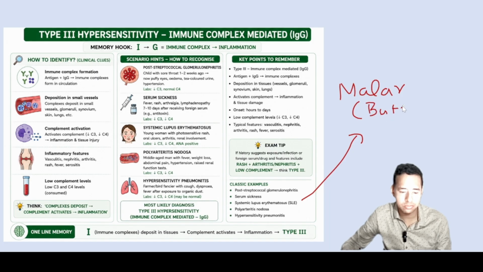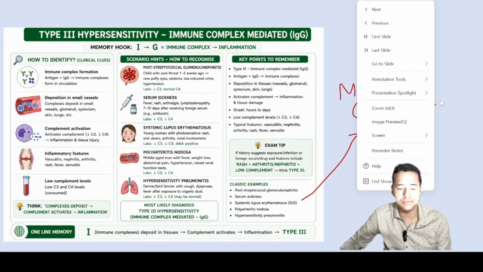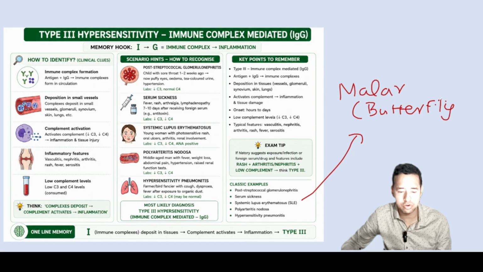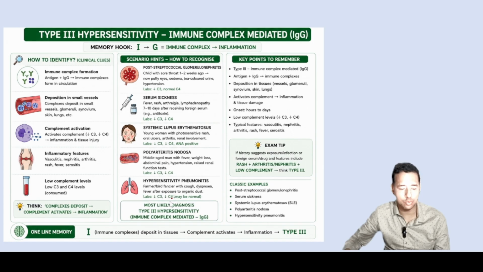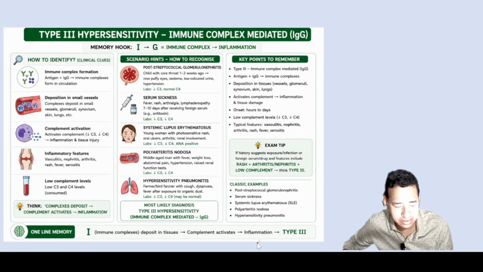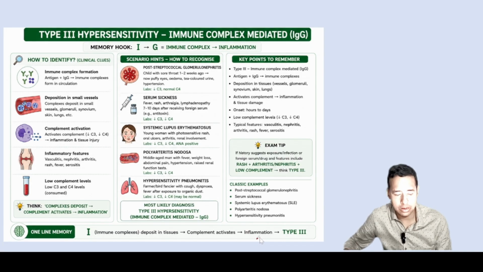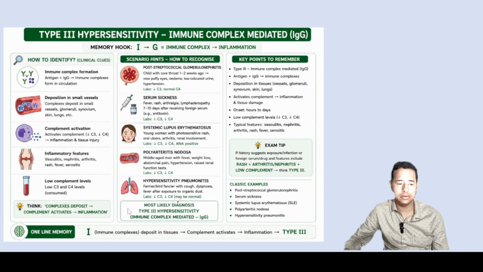This is the most confirmed question in most exams. And polyarteritis nodosa, also a vasculitis, is one of the important ones, and they will ask about involvement of organs. Next is hypersensitivity pneumonitis. So type 3 is immune complex deposit in tissue, complement activation, inflammation.